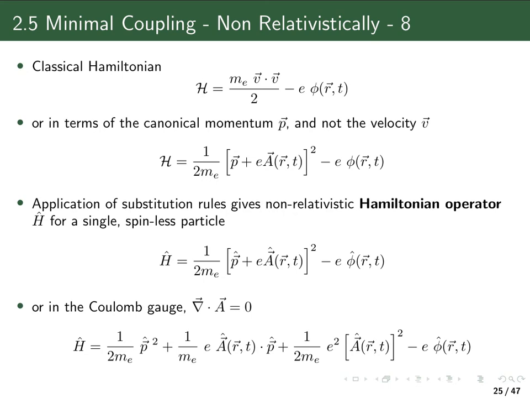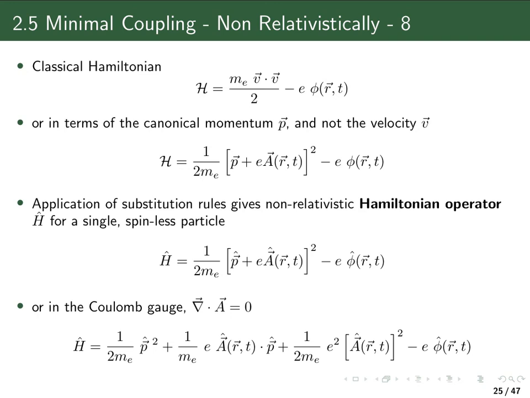However, in order to apply the substitution rules, in order to get to quantum mechanics, we need to write the classical Hamiltonian function in terms of the canonical momentum and not the velocity. So we have to, once again, insert the relation between the canonical momentum and velocity, twice squared. Then we arrive at this final expression for the Hamiltonian in the presence of electromagnetic fields.